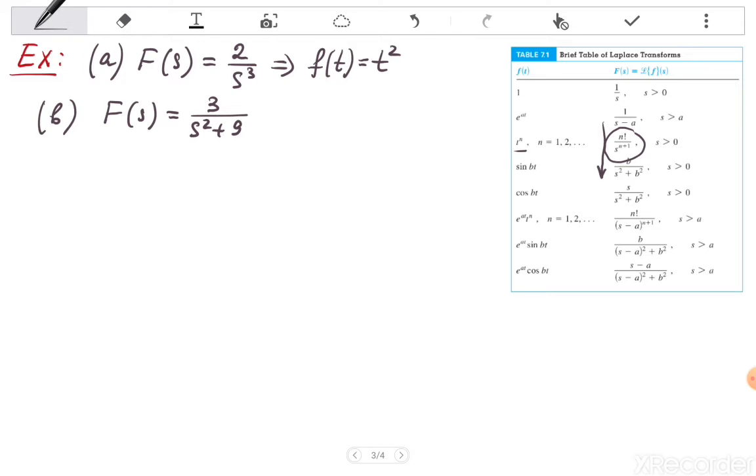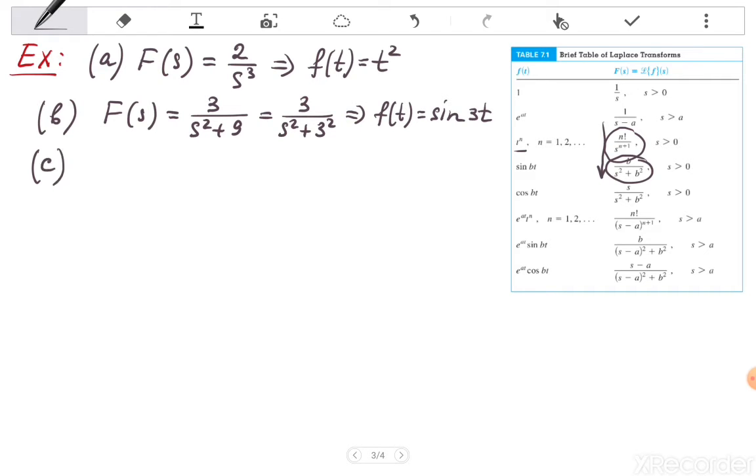So this is 3 over s squared plus 3 squared, so b should be 3. In the numerator we have b or s. In our case we have b, so we will use the formula for sine bt. So the original function f of t was sine 3t.